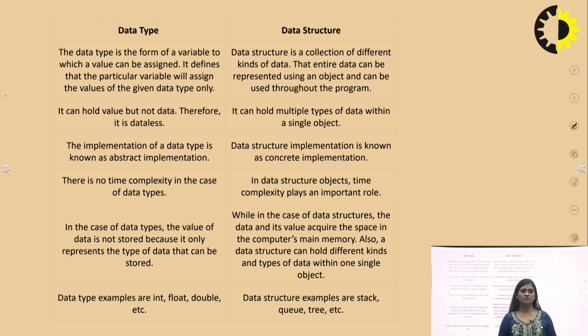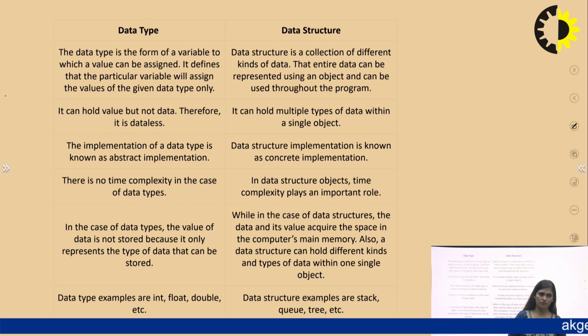Next, in the case of a data type, the value of data is not stored because it only represents the type of data. Means here we only define the data type, meaning what type of data you will use to perform any operation.